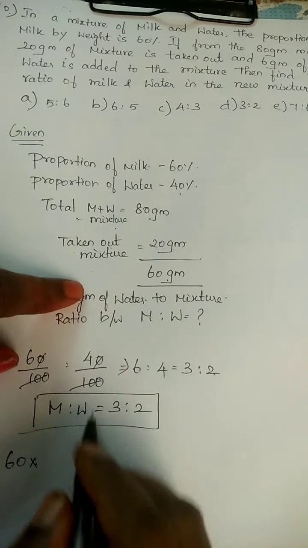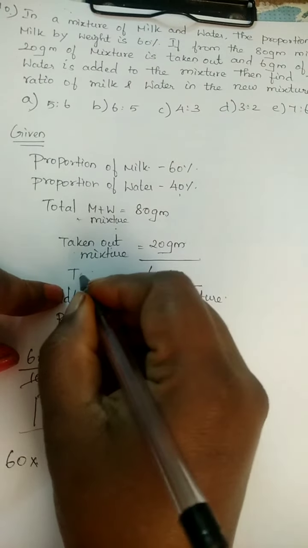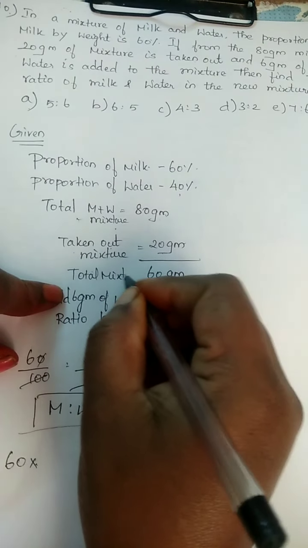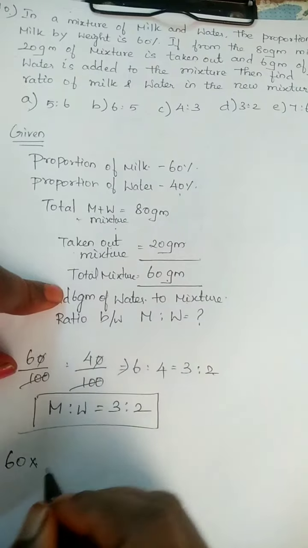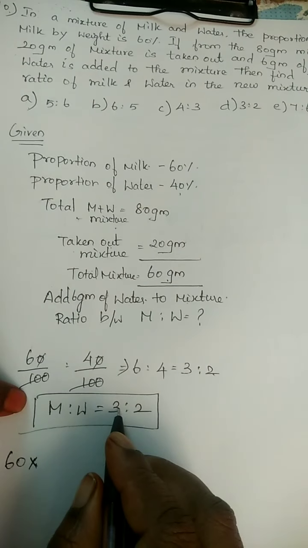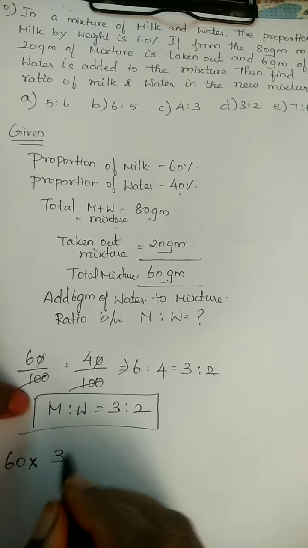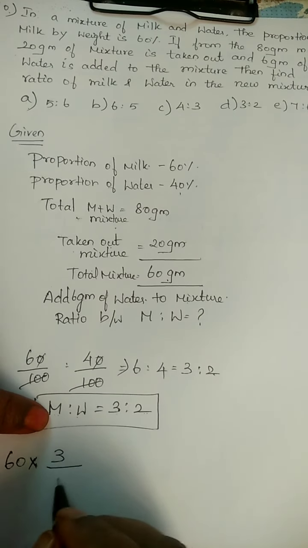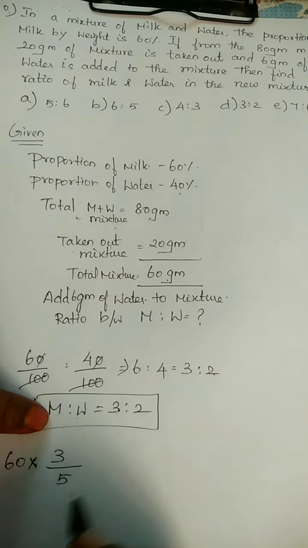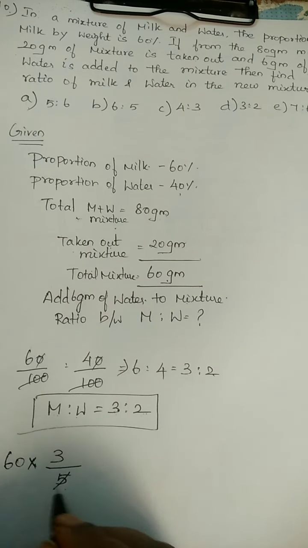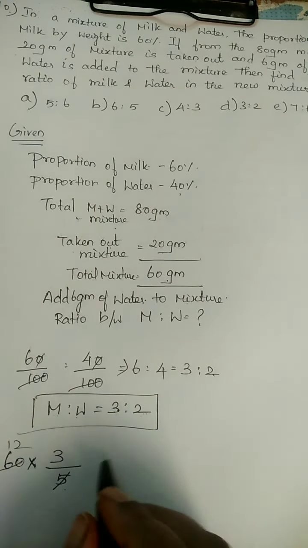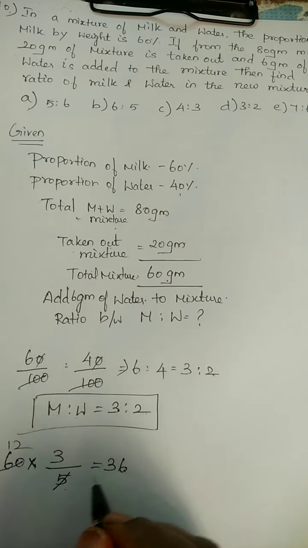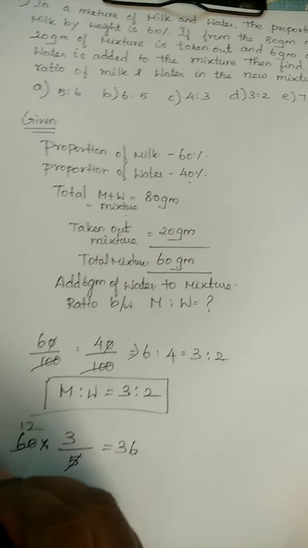The total mixture after taking out 20 gram is 60. So 60 into 3, milk ratio is 3, milk plus water ratio is 5, 3 plus 2, 5. So divide, this is 12 times 3, 36. This is the milk ratio.